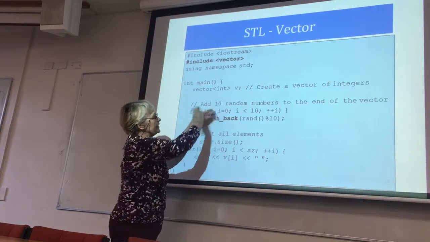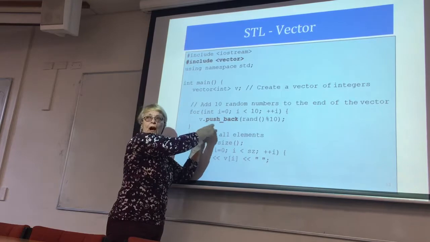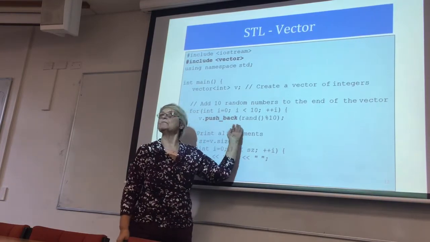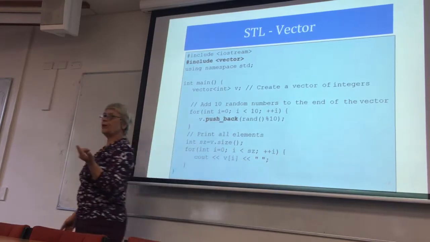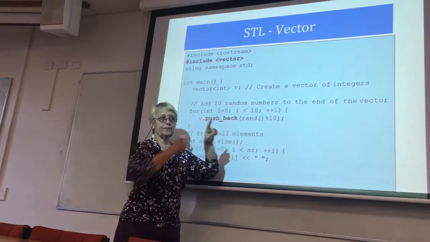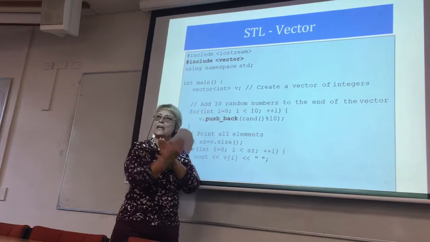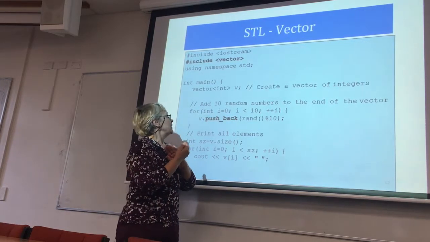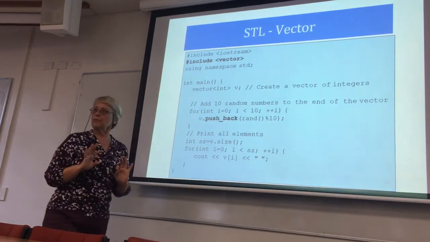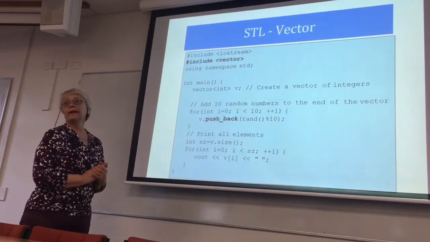Avoid using, with this for loop, you can say v[i] is assigned random, right? It's the same somehow. v[0] is assigned the first element, v[1] is assigned the next, when i is 0, 1, 2. Now, the index operator does not handle adding elements very well. Some compilers will complain.